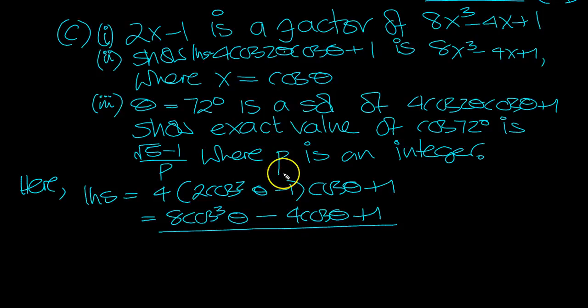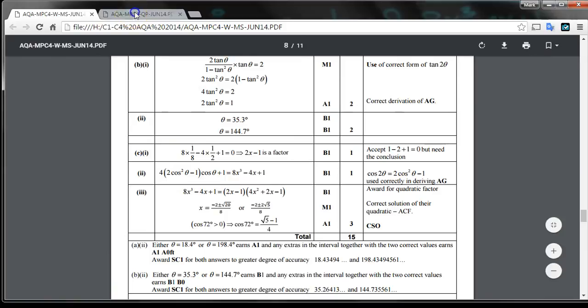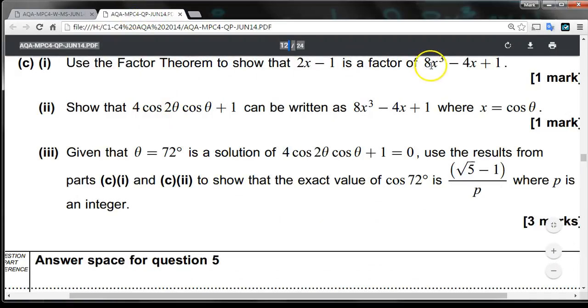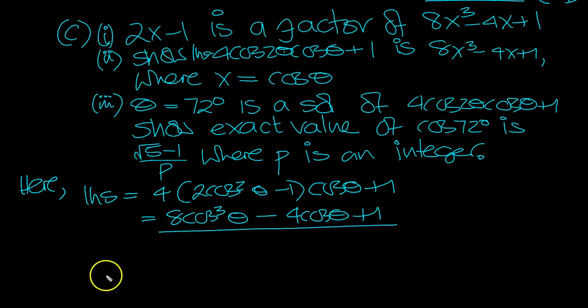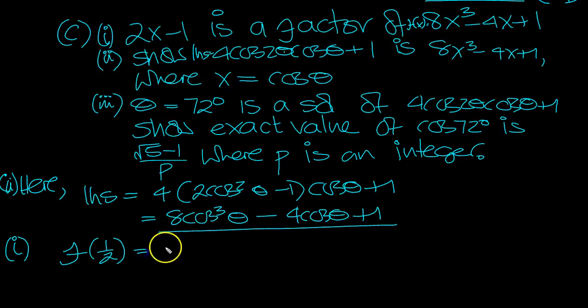Okay, so let's go back to the question, because it said part C, didn't it? We need to show that that's a factor of that. So that's part 2. Done it in reverse order, part 1. So here f of a half, call that f of x, is equal to 8 times a half cubed minus 4 times a half plus 1 equals 0.